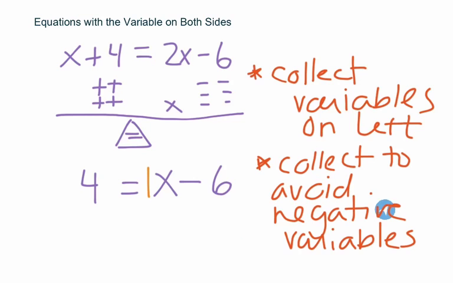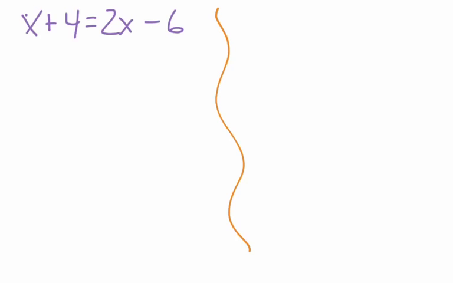I tend to prefer this second way. I like to avoid negative numbers if I can, but you can do it either way. So this was the picture illustration. On the next slide, I'm going to do out this problem. It's the same problem. And we'll look at it algebraically, and we'll do it both ways just so you can see that both ways work, and it's really just a matter of preference.